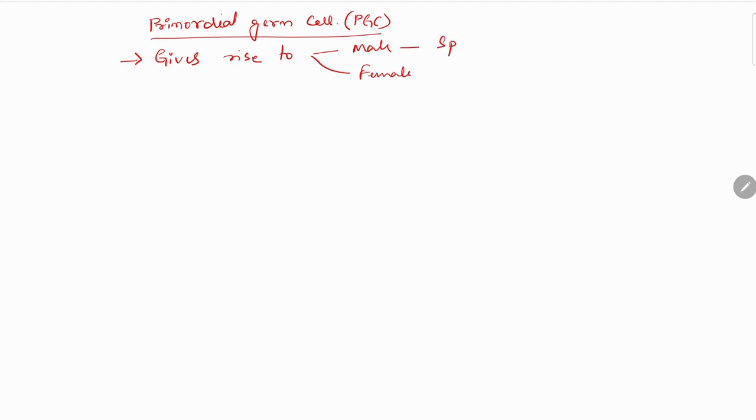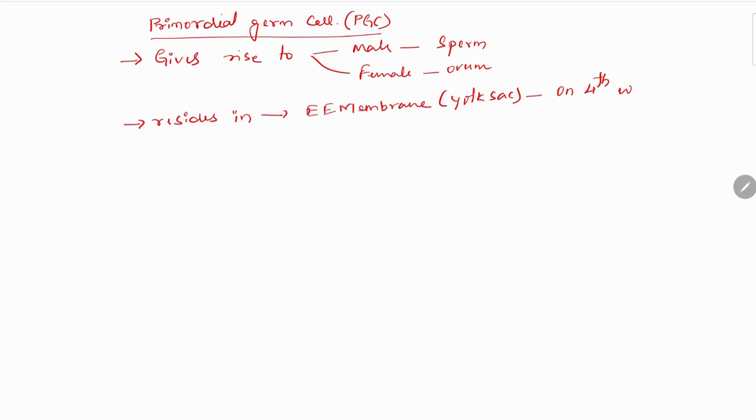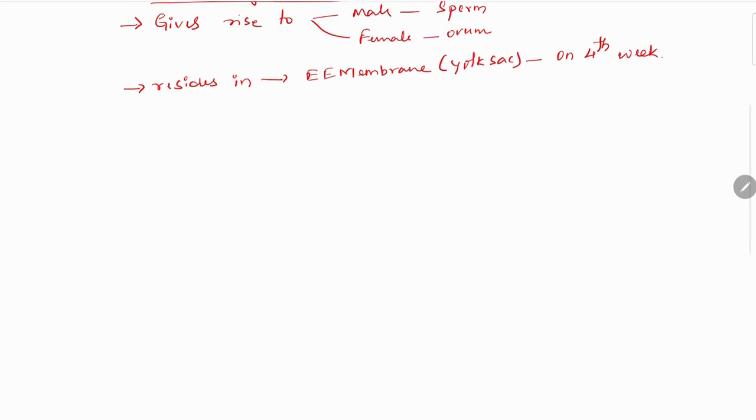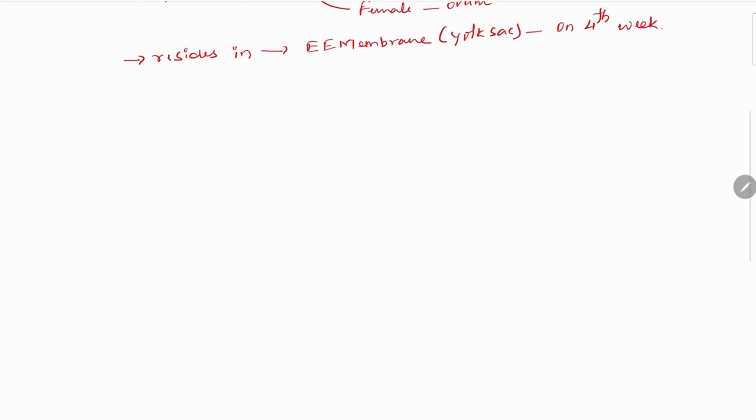Where do they reside? They reside in the extra embryonic membrane, not mesoderm, the extra embryonic membrane of the yolk sac, and the production is in the 4th week.